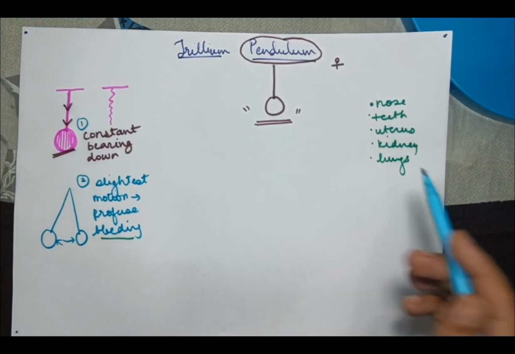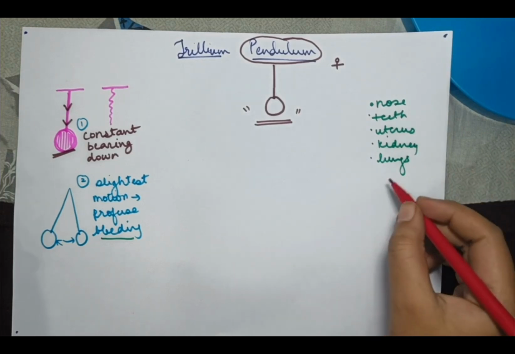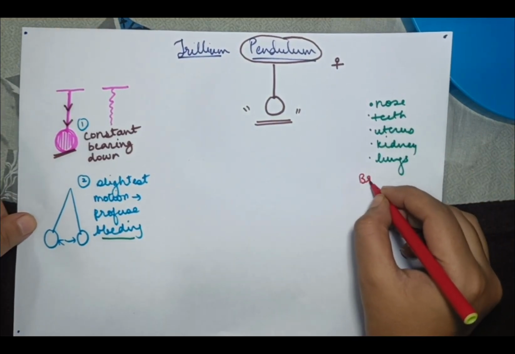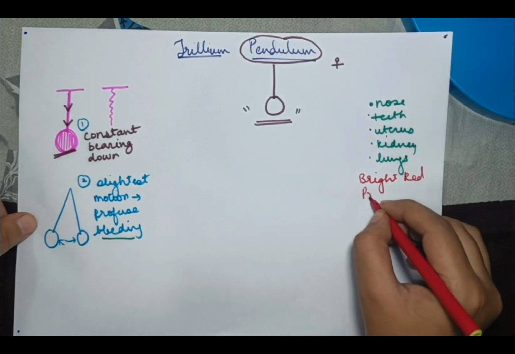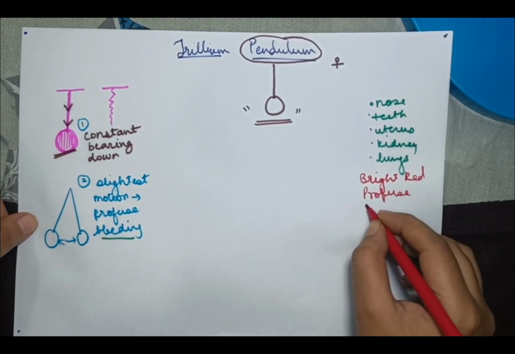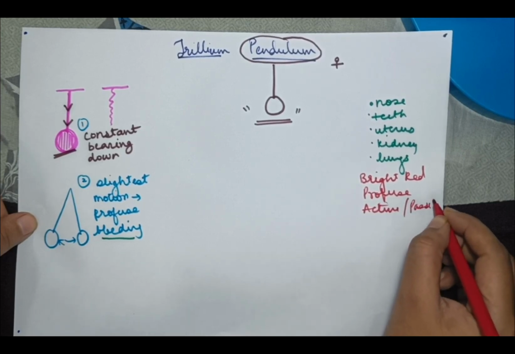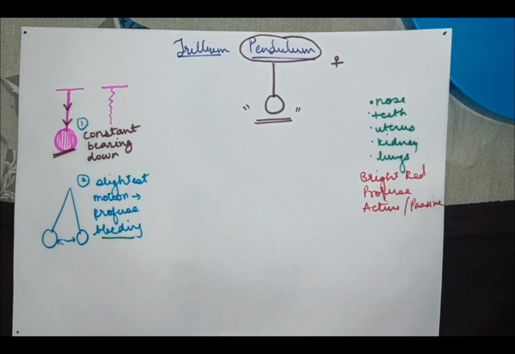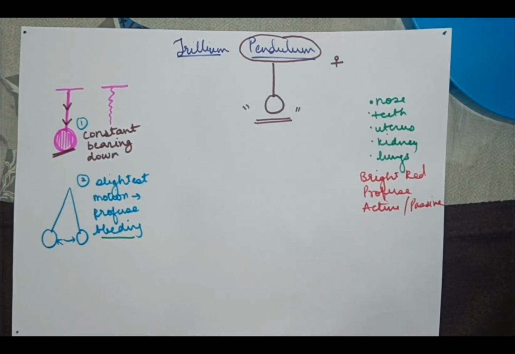So usually in gynec, you are always going to be grilled about what sort of bleeding. Clinically might not be as important, but it is bright red, profuse, active and passive both. So sometimes you will have not clotted, sometimes you will have clotted bleeding, etc. Right, so let's go ahead with our pendulum analogy.